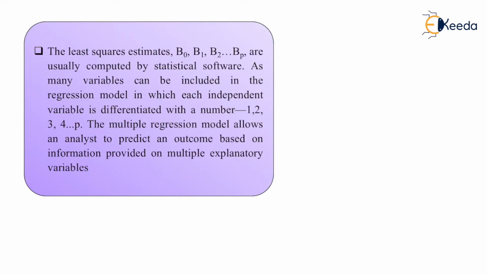In least squares estimation, beta 0, beta 1, beta 2 and beta p are usually computed by statistical software. As many variables as needed can be included in the regression model, in which each independent variable is differentiated with the number 1, 2, 3, 4, up to p. The multiple regression model always allows an analyst to predict an outcome based on the information provided on multiple explanatory variables.